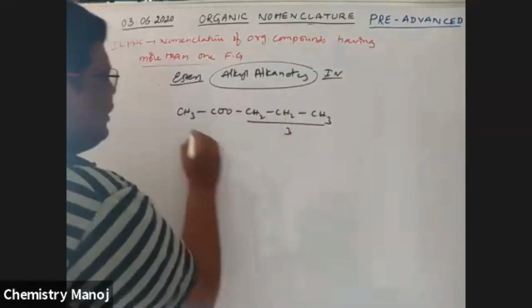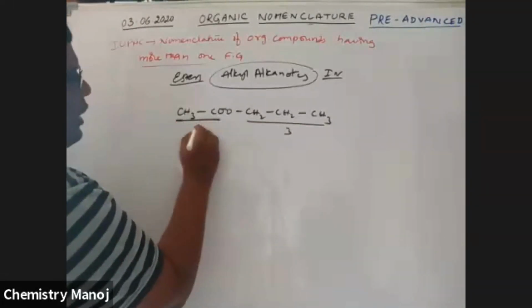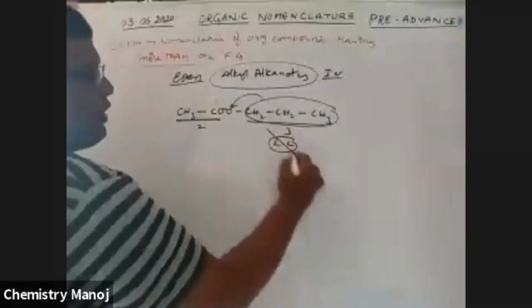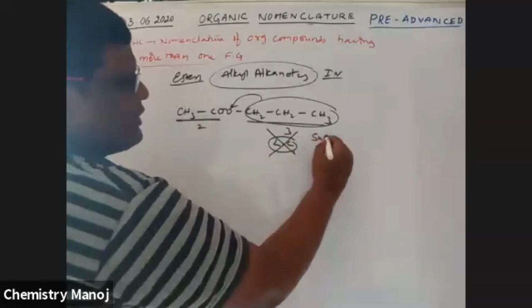It contains a three carbon chain and a two carbon chain. Actually the three carbon one is the longest chain, but it is connected with oxygen, so that is not considered the longest chain.